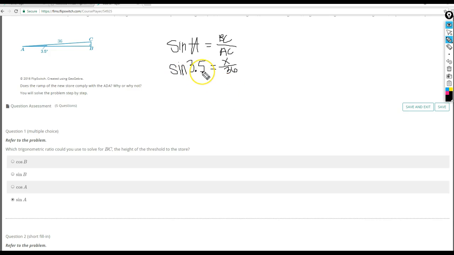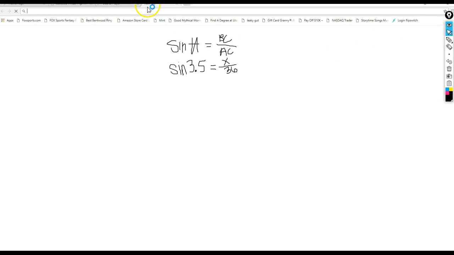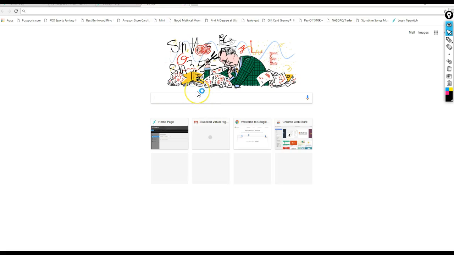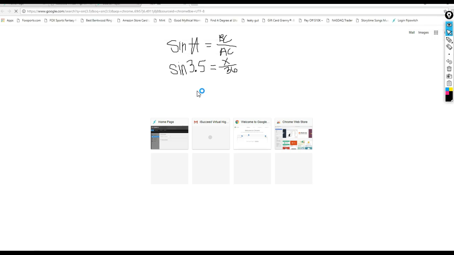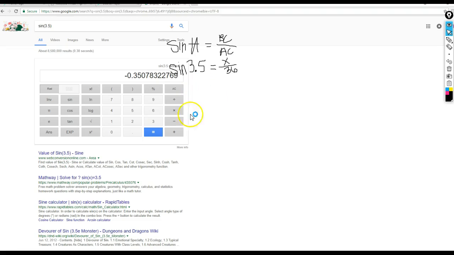Now, sine of 3.5 is a number. It is our ratio. And so I'm going to type that in, sine, parentheses, 3.5, close parentheses, and hit enter.